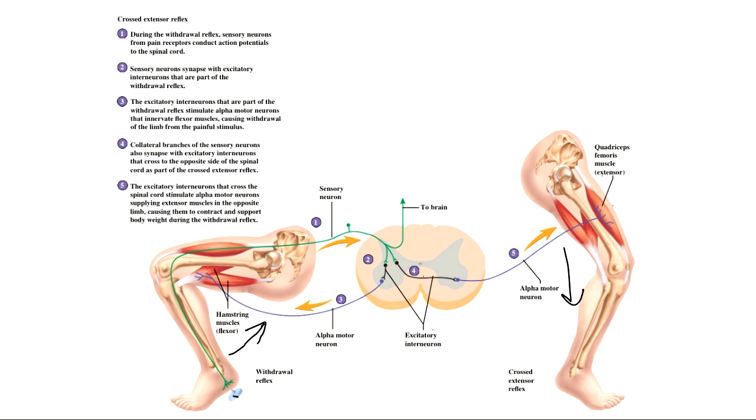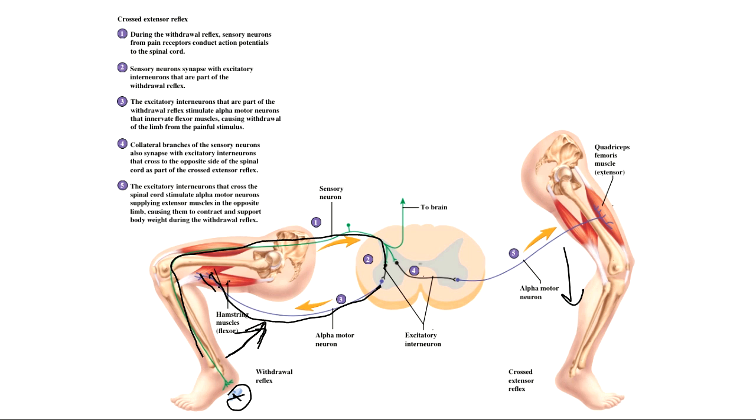So the leg that is getting the stimulus goes into the spinal cord, connects with an interneuron, and this is a polysynaptic reflex. The motor neuron goes out, and in this case is innervating the hamstring muscles, and the leg is going to flex, moving away from the source of pain.